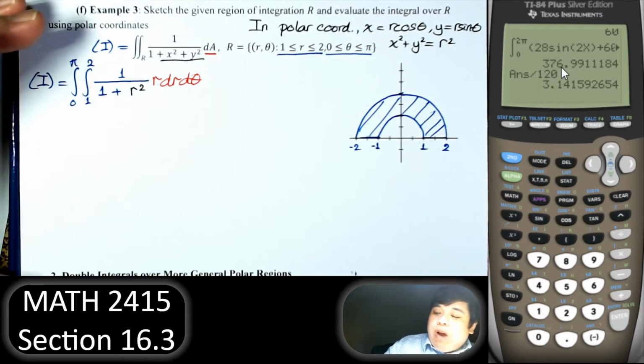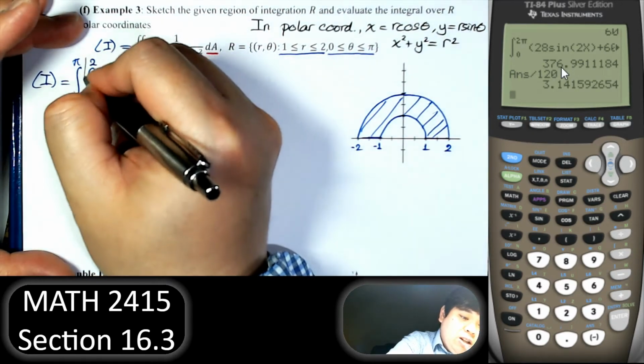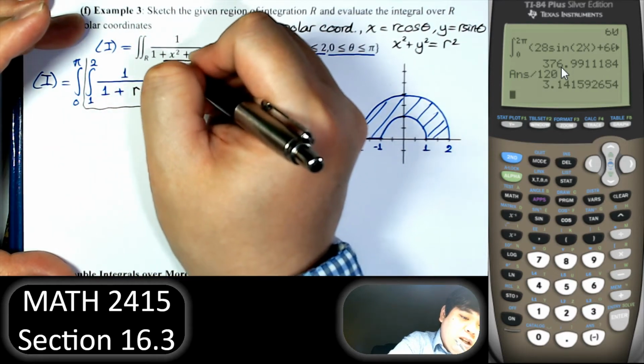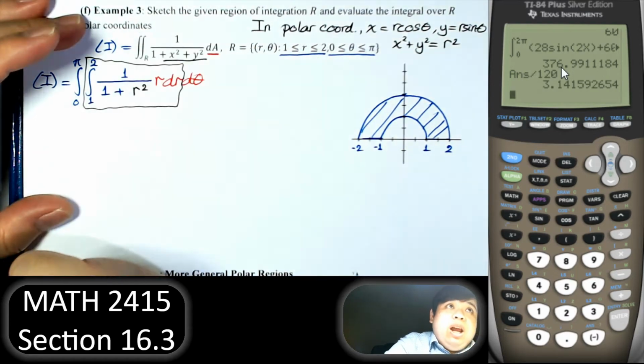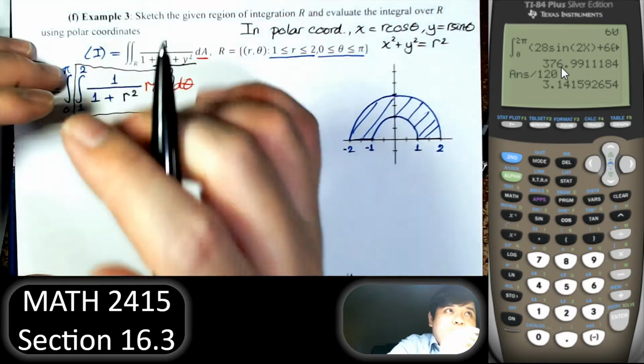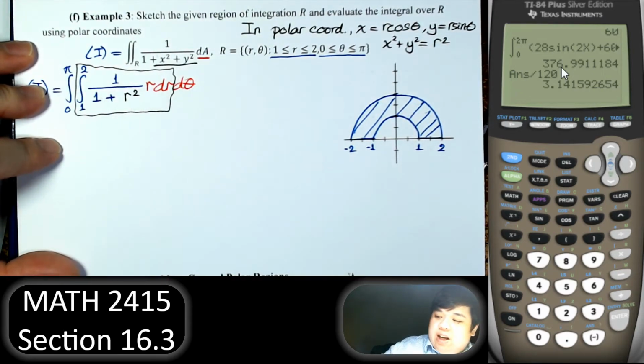So this is a separable function. So now just group everything with r together, those that relate to r. Pull that out. Then we have 0 to pi of d theta.